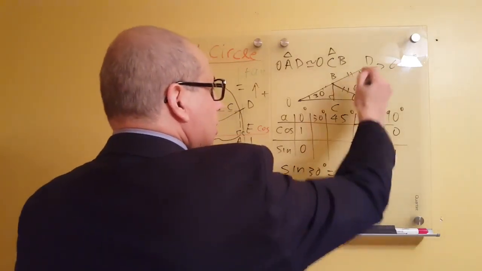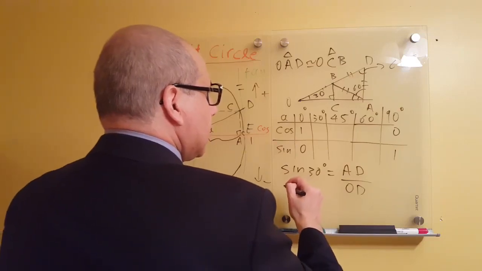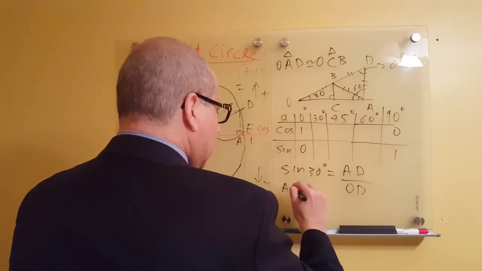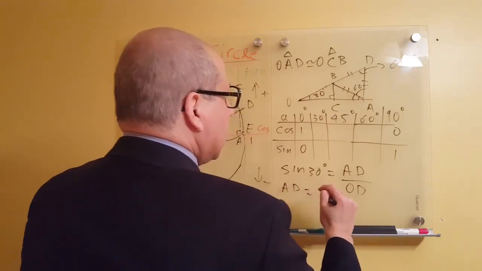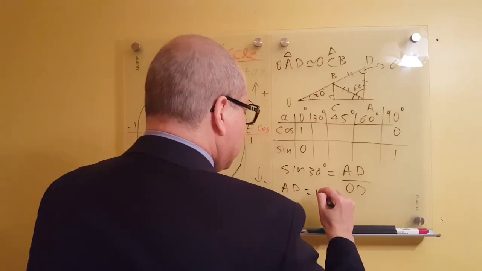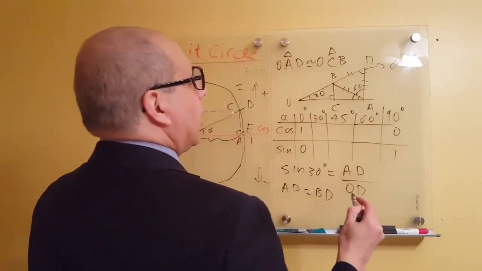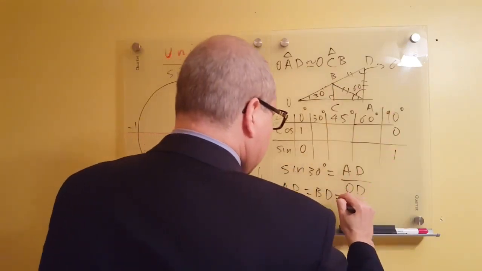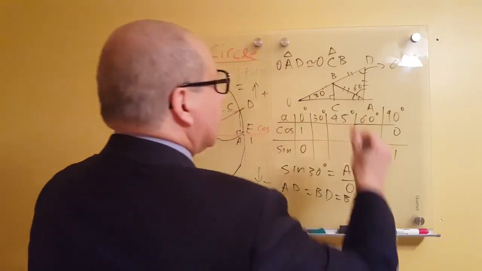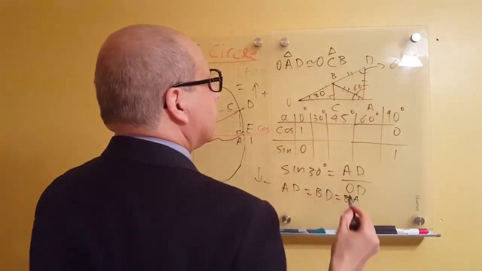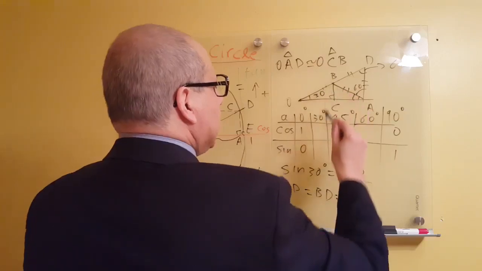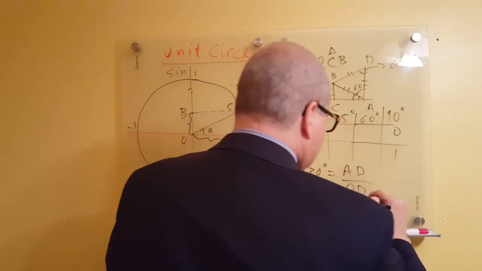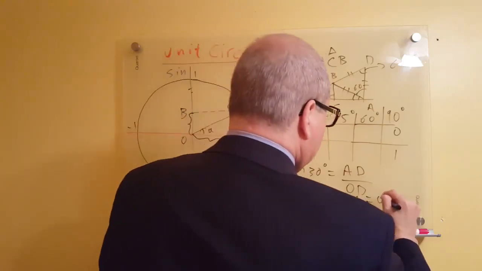Because this is an equilateral triangle, we have that AD is equal with BD, and of course it's equal with BA, and of course BA is also equal with OB, because the BOA is also an isosceles triangle. So OB.